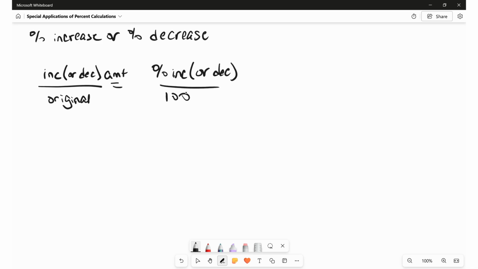So again, it is the same exact process as what we have been seeing over and over again. It is part over whole is equal to percent rate over 100. Same thing as we've been doing repeatedly.